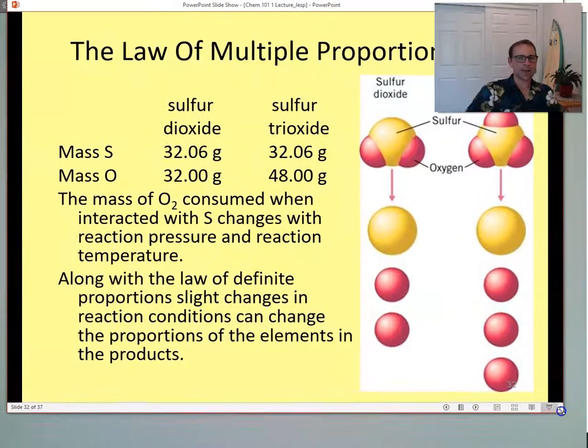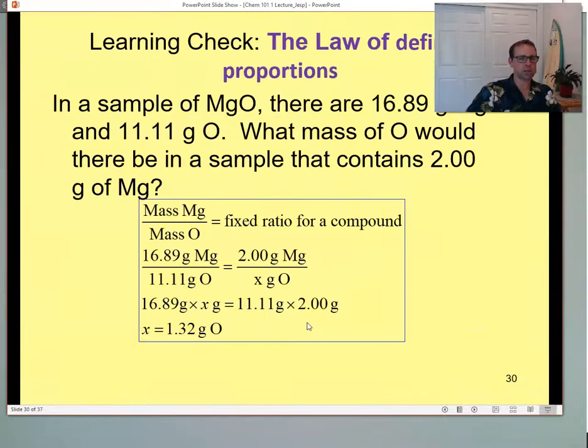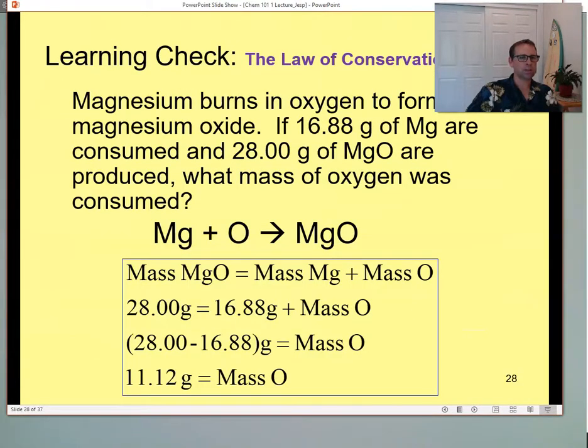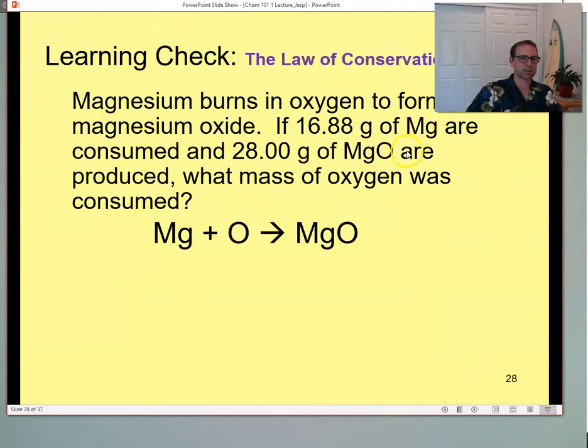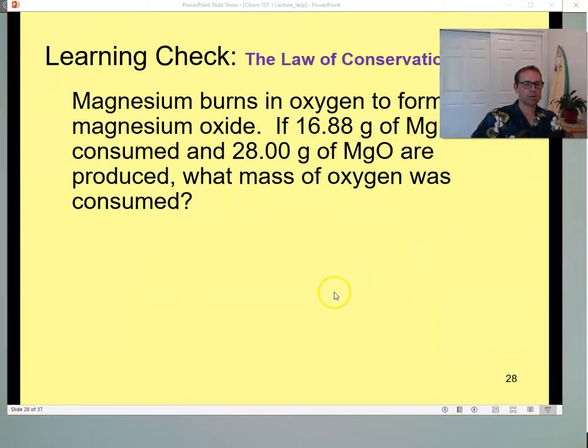All right. So the last time we met, we introduced a couple of the laws of chemistry. One is the conservation of mass. Mass is not created or destroyed.